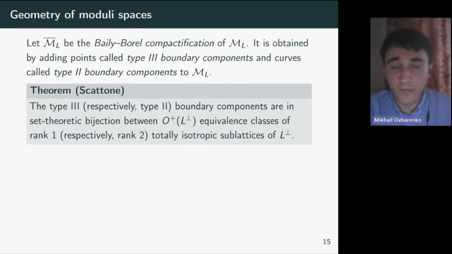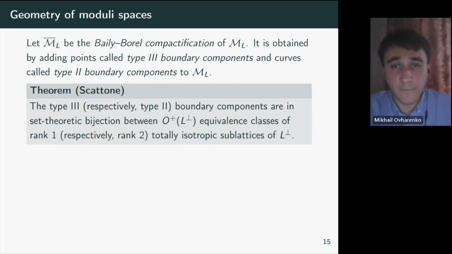Type 3 or respectively type 2 boundary components are in a set theoretic bijection with the equivalence classes with respect to a subgroup of orthogonal transformations of the orthogonal complement to L which have spinor norm 1.